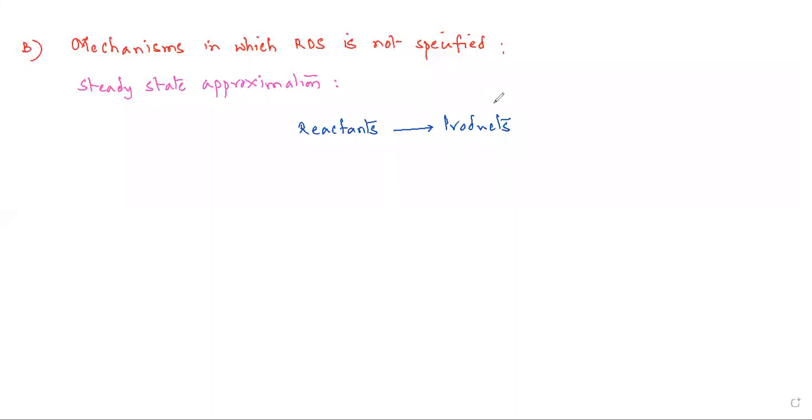See, initially, at the beginning, we will have the reactants only in the reaction mixture. But these reactants go on reacting to form an intermediate, which of course decomposes, giving the products. Right, this is a basic reaction.